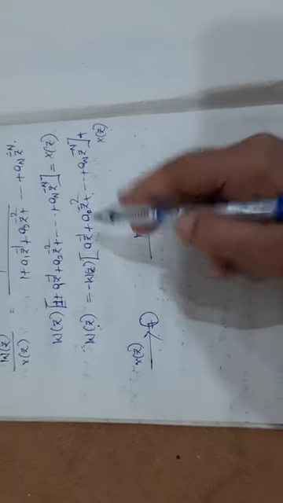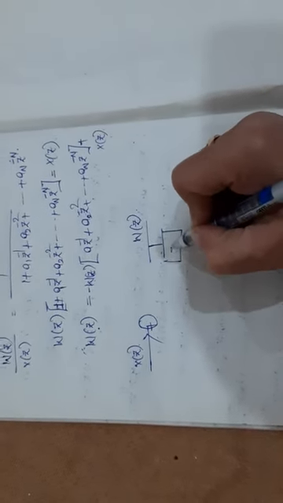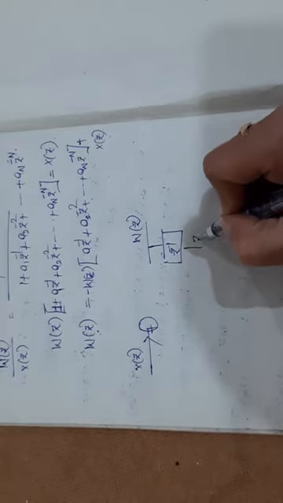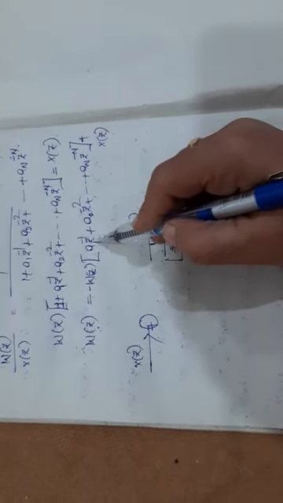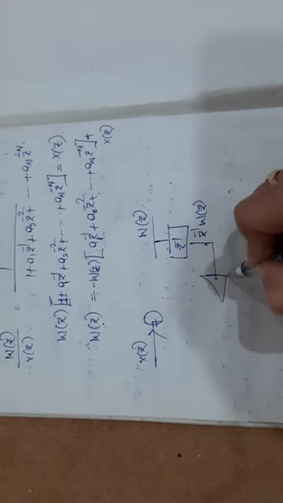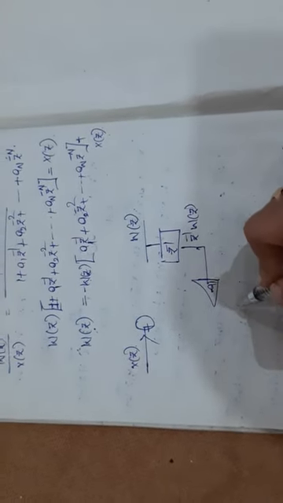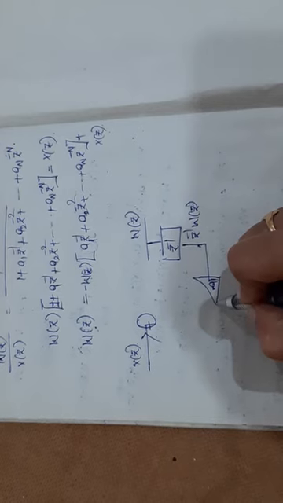W(z) is delayed once, so here z^-1, so I'll get z^-1 into W(z), that is multiplied with minus a1.